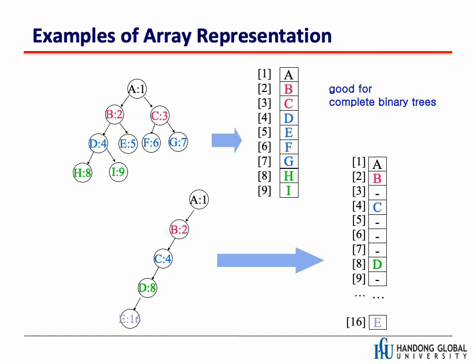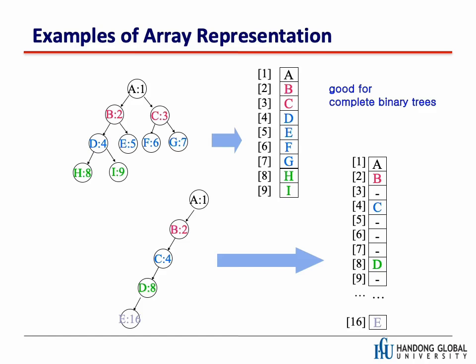And then what about 5? B doesn't have a right child, so 5 has nothing. And what about 6? 6 should be A's right child's left child.